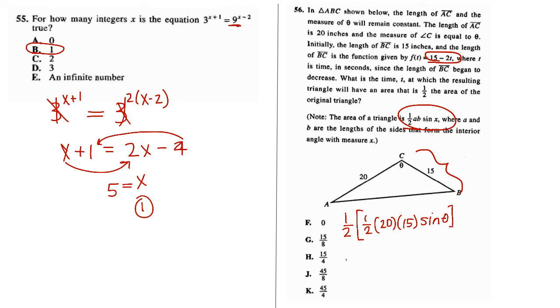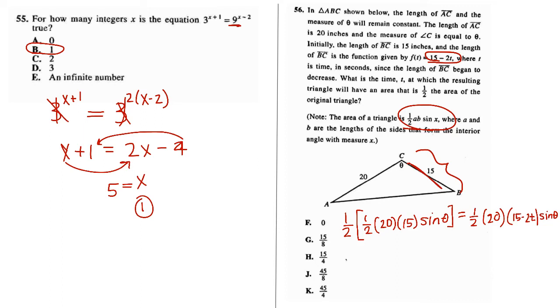Now that is going to be equal to, and again AC is constant and my angle C is constant, so we can set up this other formula, 1/2 times 20. Notice they're the same, but this side over here is going to be replaced with the function 15 minus 2t, because that's going to be the length of that side at any given time t, times sine of theta.